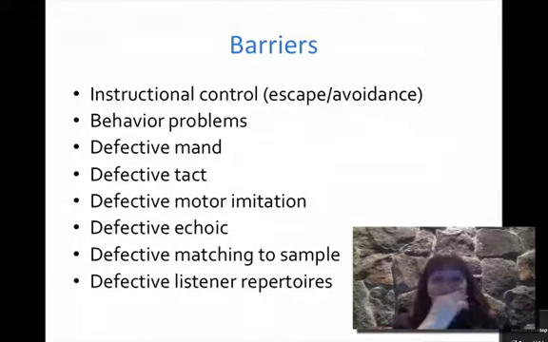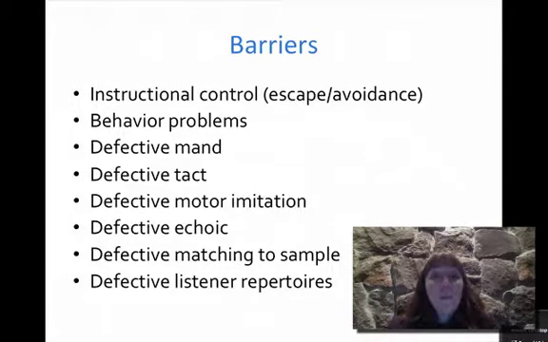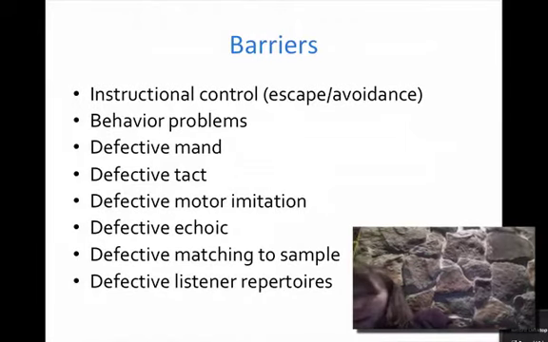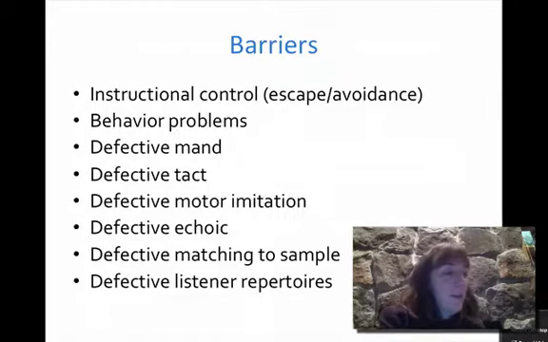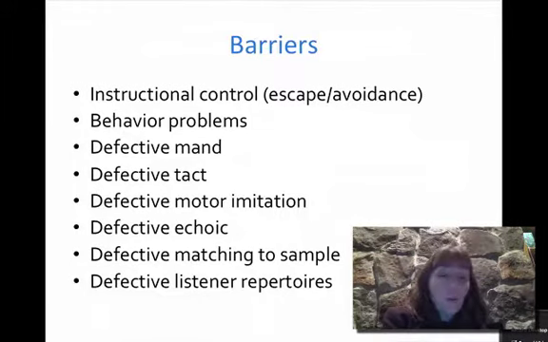I particularly like the barriers assessment, as I mentioned. His discussion of some of the things that prevent children from making the maximal progress that they can. Hang on, I'm pulling up my barriers assessment so I can reference it with some more specificity. But you'll see here that he has things like instructional control problems, behavior problems.